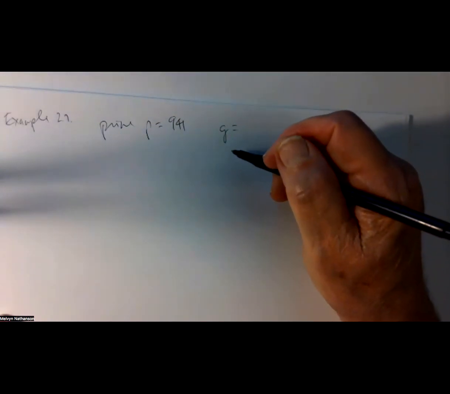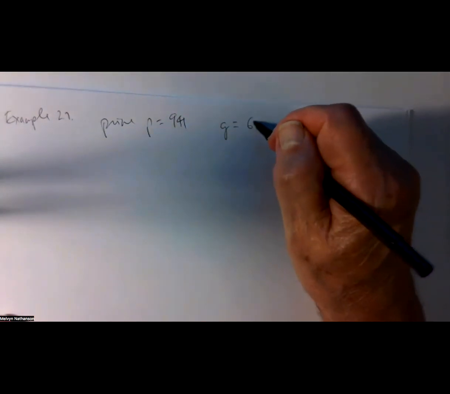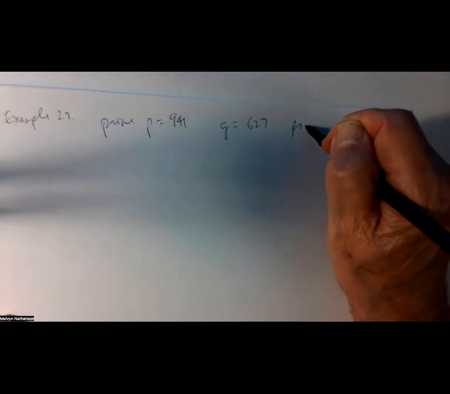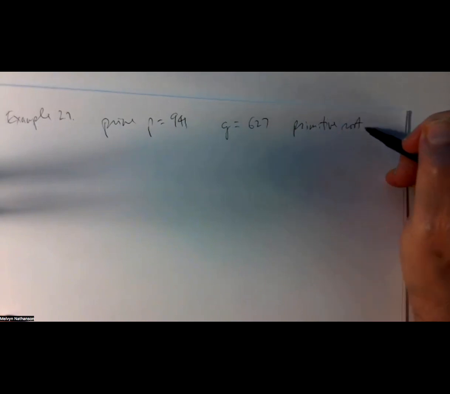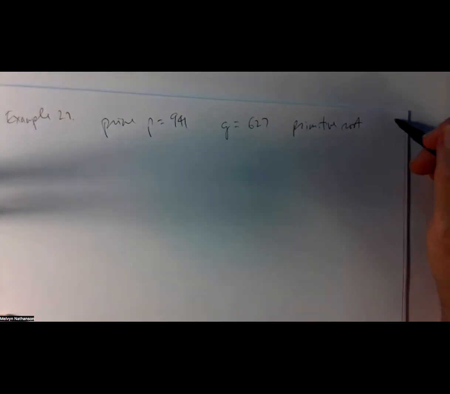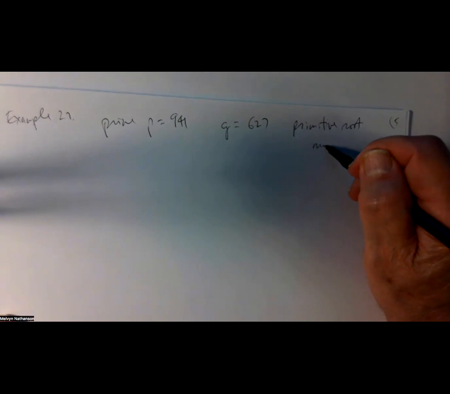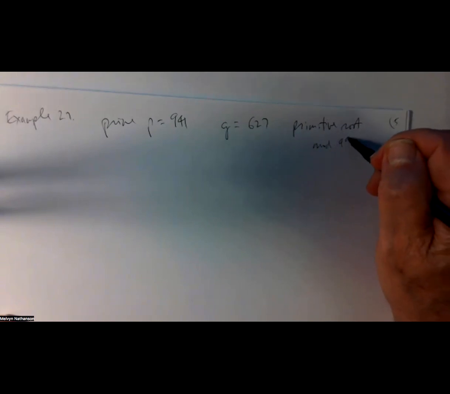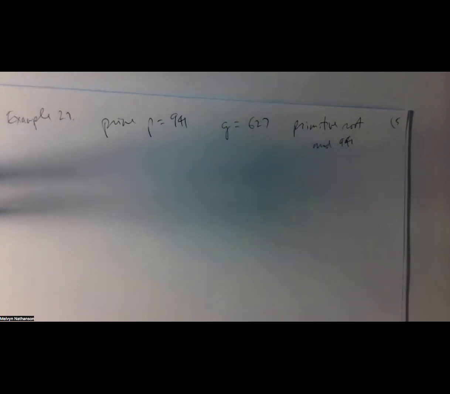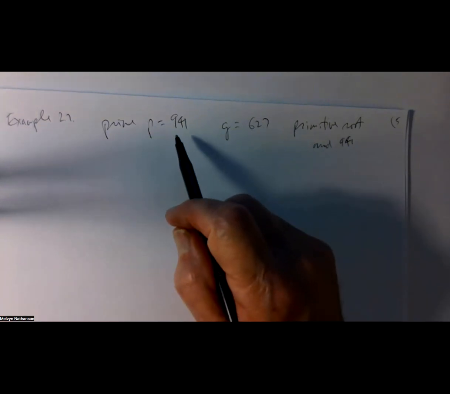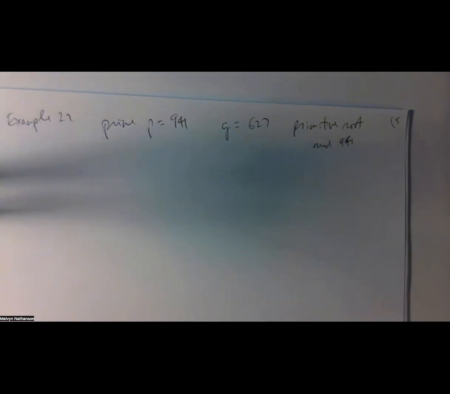And we're told, and we should believe, that the number 627 is a primitive root mod the prime 941. So if you start raising 627 to powers 1, 2, 3, 4, 5, you will get every congruence class, you'll get every number from 1 to 940.